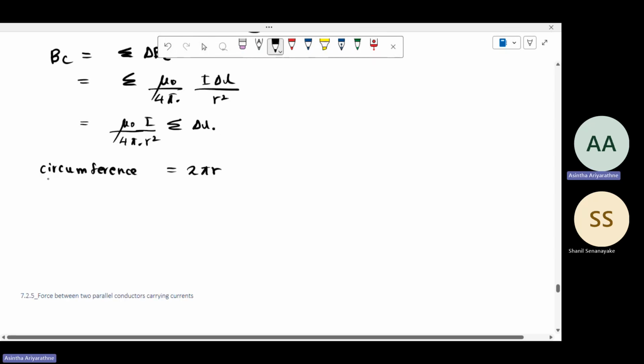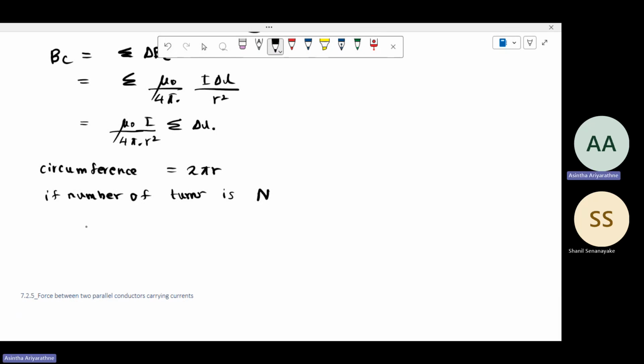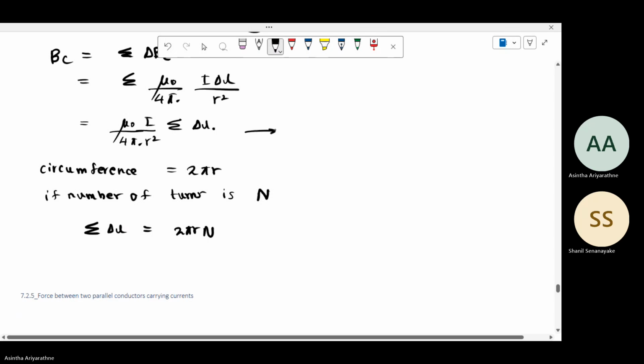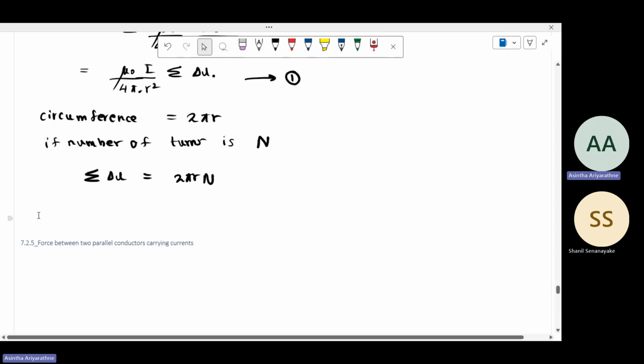So if the number of turns is capital N, then the total length is 2 pi r into N. So you get the idea, right?